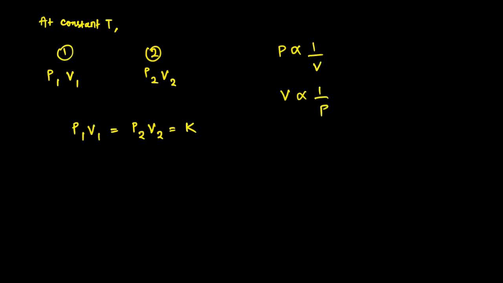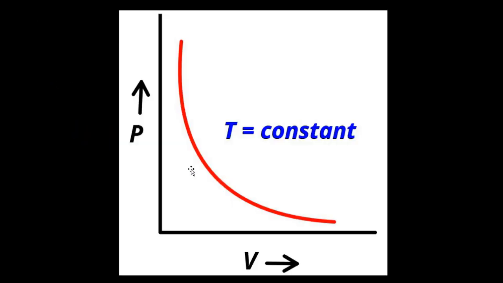If pressure increases, volume decreases. If volume increases, pressure decreases. Inverse relationship. And this is the plot of Boyle's law, where we have pressure and volume on the two axes. Pressure is taken on the y axis, volume on the x axis, at constant temperature. As you can see, at low values of volume the pressure is high, and at high values of volume the pressure is low.